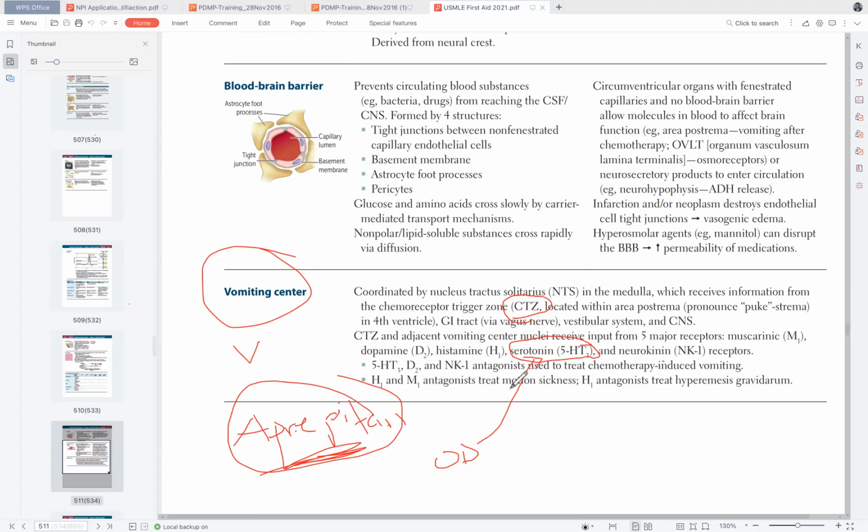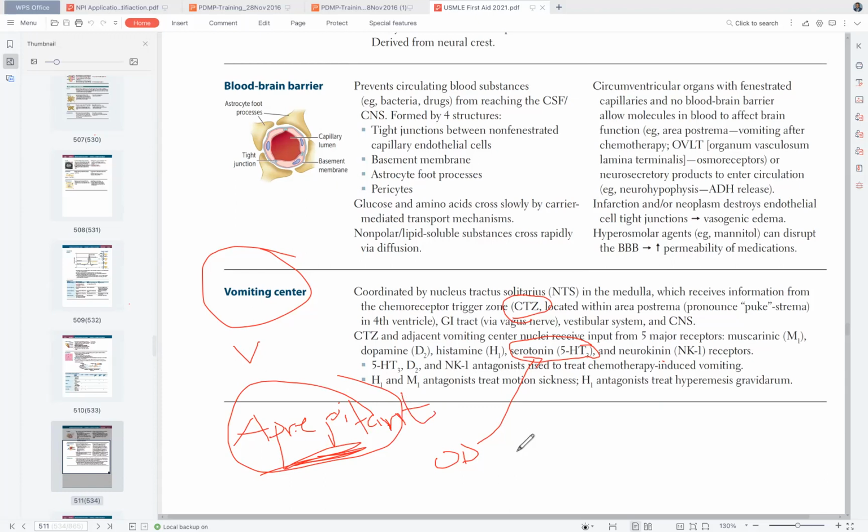Let me check it quickly and get a spelling for you. I remember you would ask a question like that. They were given 5-hydroxytryptamine, which everybody knows. Yes, aprepitant. There's a T at the end.